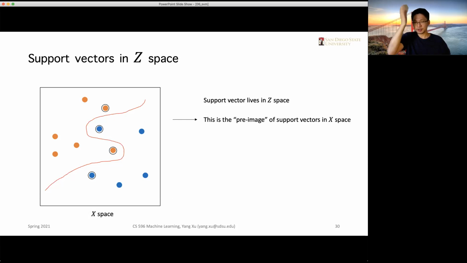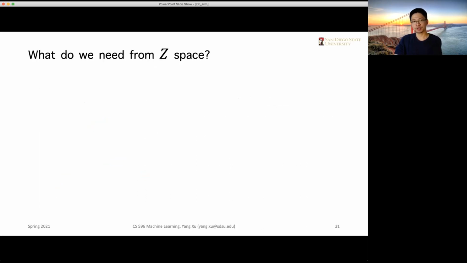In x space we cannot draw a linear line, so this decision boundary is not a linear function in x space. In this case, the margin is maximized in z space, not in x space. But this is just a simple demo of the outcome of those z transformations.